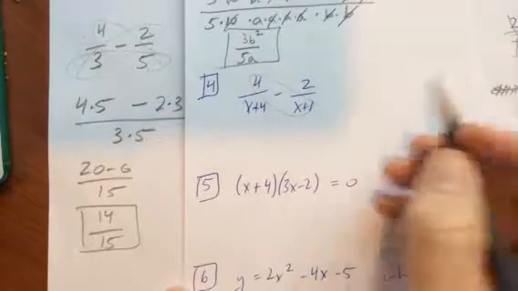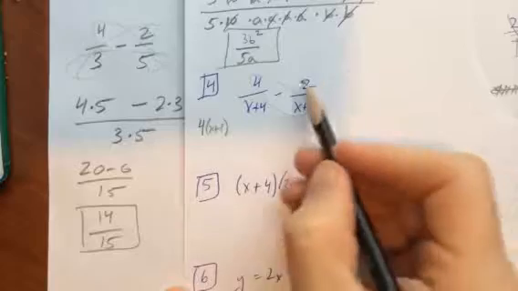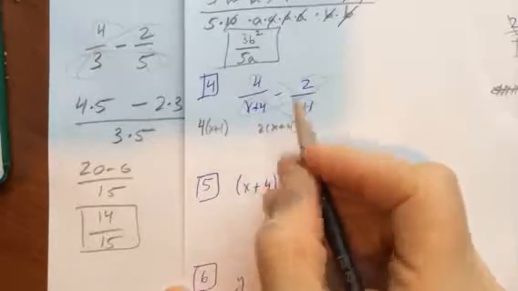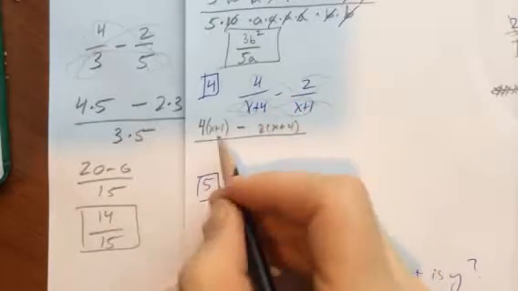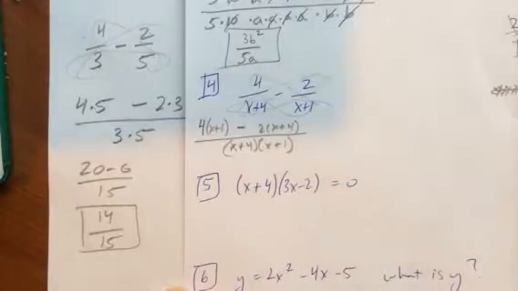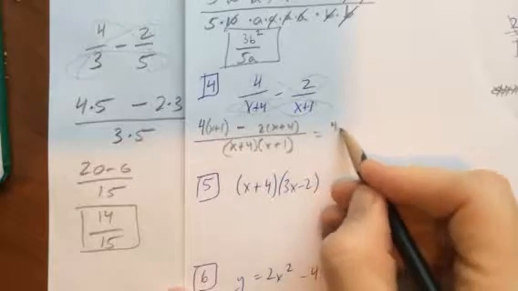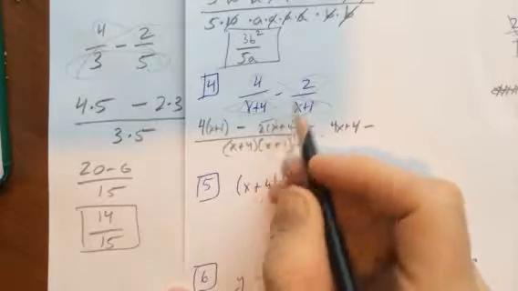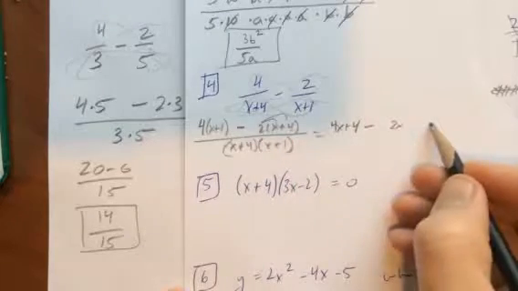This problem is an algebra problem, but you can do it kind of the same way. Multiply those two together: 4 times x plus 1, 2 times x plus 4. Keep the minus, and then you multiply x plus 4 times x plus 1. So this is 4x plus 4, 2 times x is 2x, 2 times 4 is 8.